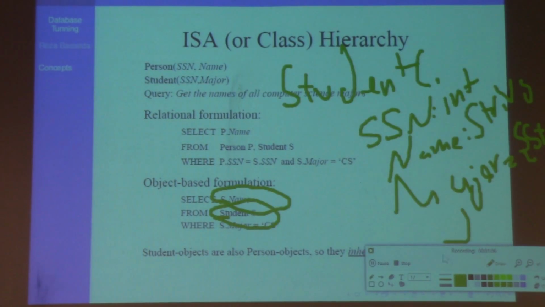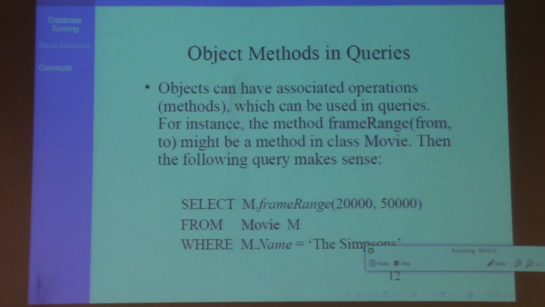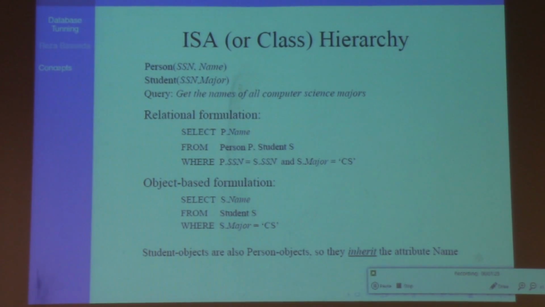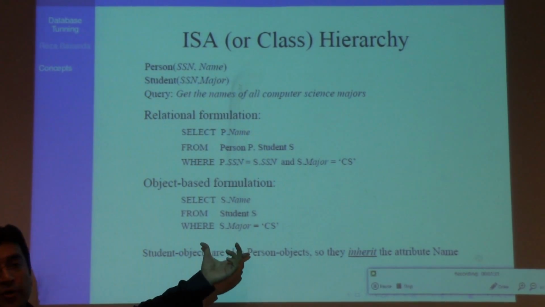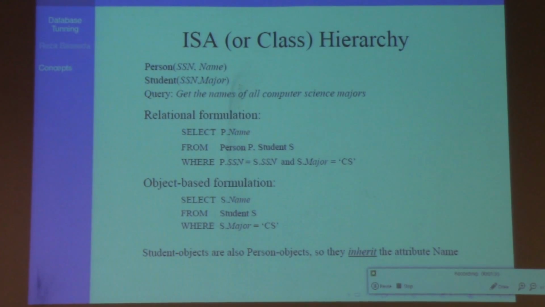If the object S is a student, then we put the constraint that the major of S has to have CS in it. Okay, so you can see that obviously the query gets much simpler. No join over here, right? So these are benefits that you can get.